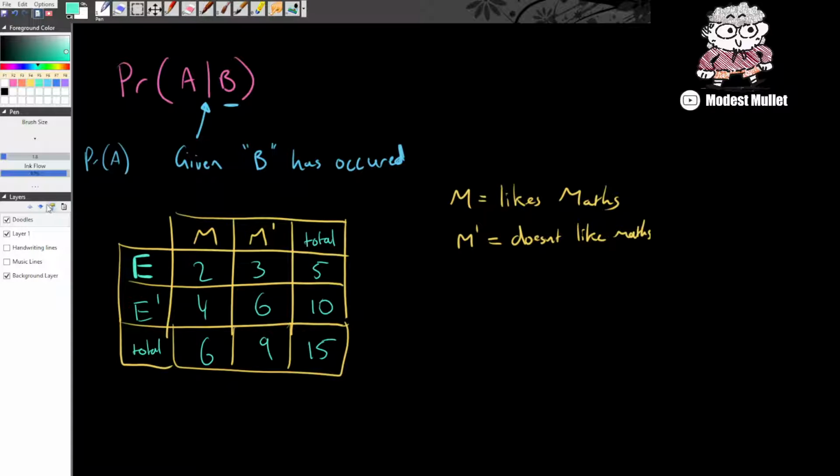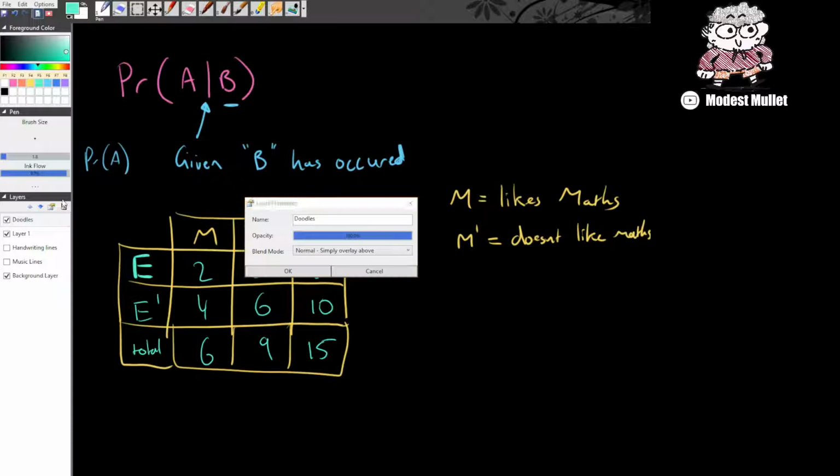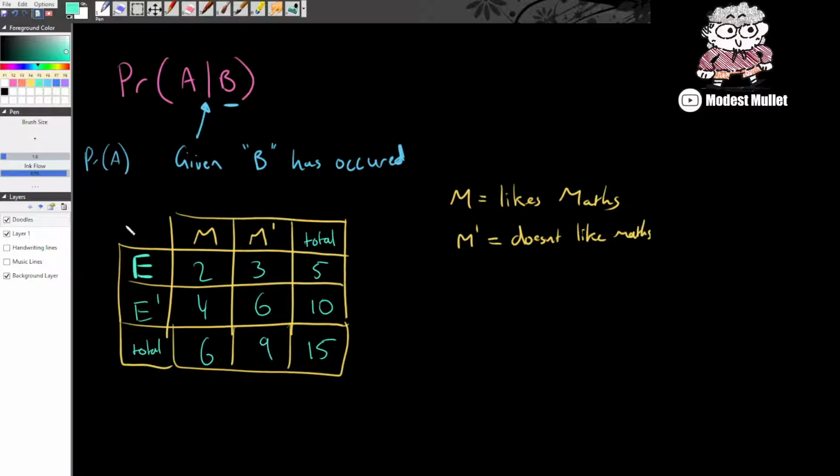Now, let me add another layer. There we go. So I can draw over the top of this and then erase as need be. Okay, so let's have a look at the question.